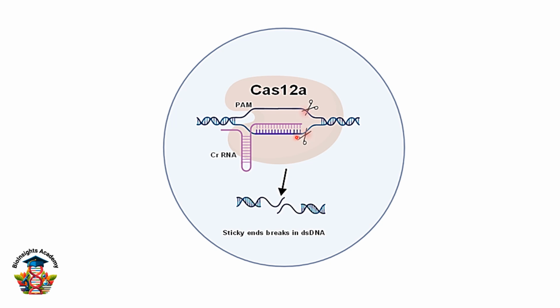This Cas12a utilizes only a crRNA to guide it to the target DNA sequence, which consists of direct repeats, which are a short sequence that is part of the crRNA and helps in the formation of a complex with Cas12a, and the spacer sequence, approximately 20 nucleotides long, complementary to the target DNA sequence.